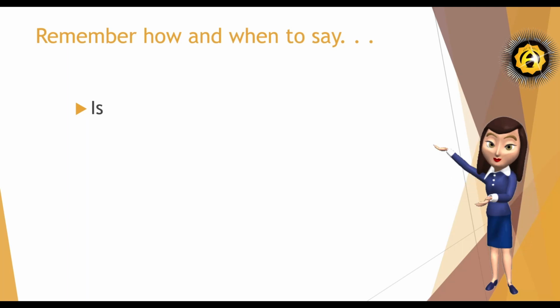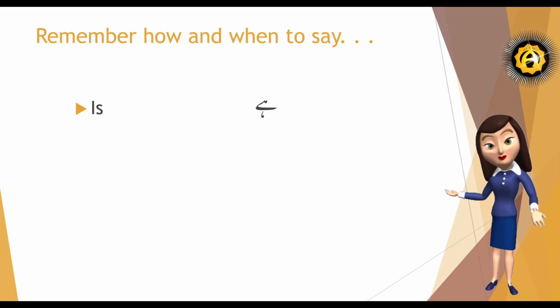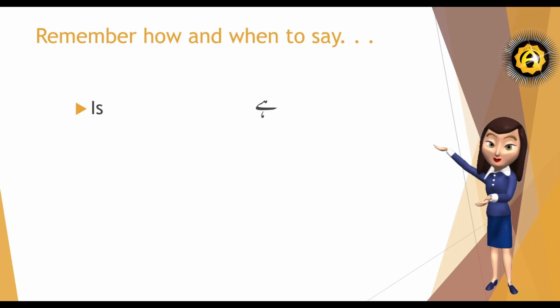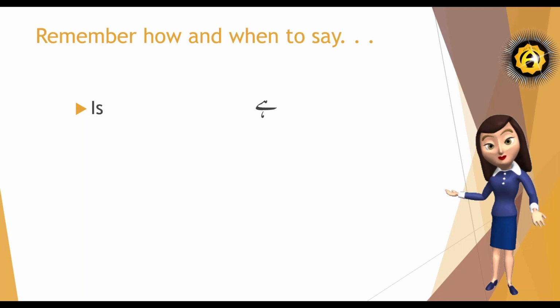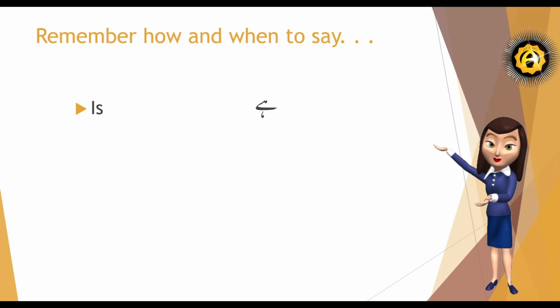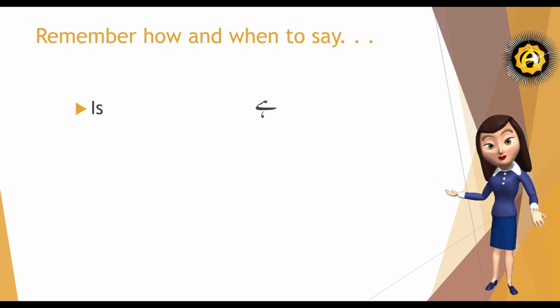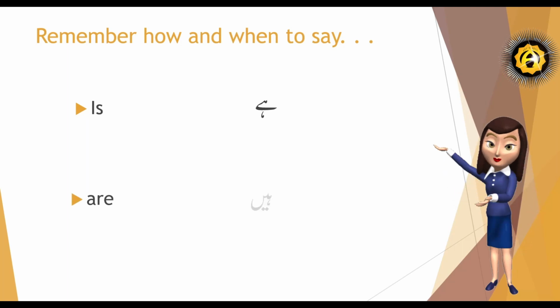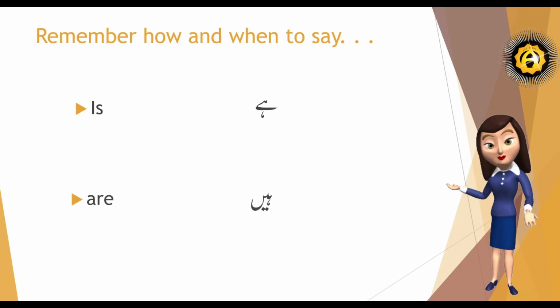Okay, then I hope you do remember how and when to say is in Urdu. In English we say is, and in Urdu it is hai. And also we use is or hai for one thing. When we are talking about one thing or one person, we say is in English, and in Urdu hai. Then we say are in English, and in Urdu it is hain.